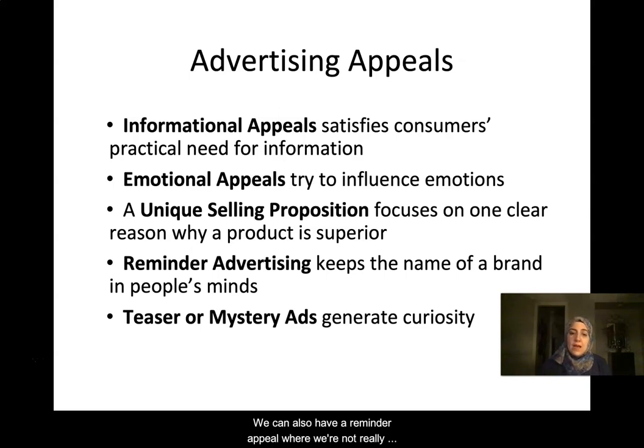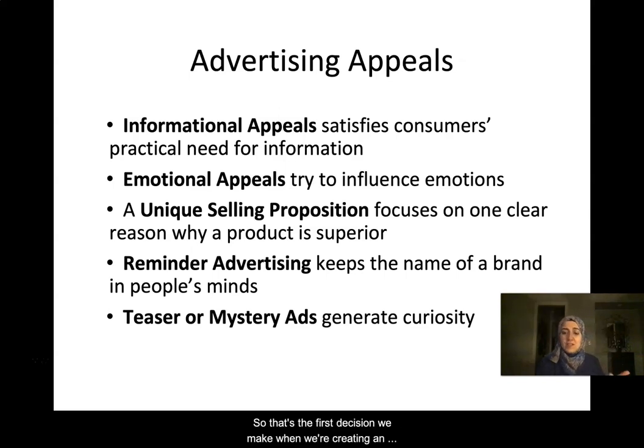We can also have a reminder appeal, where we're not really giving an argument about why our product is great or trying to tug at your heartstrings, but we're just making sure it's top of mind, reminding the consumer about it. And then finally, we can have a teaser or mystery appeal, where we're not saying much at all, but we're just telling you something big is going to happen, stay tuned.